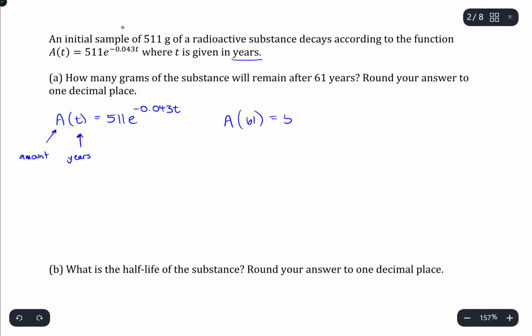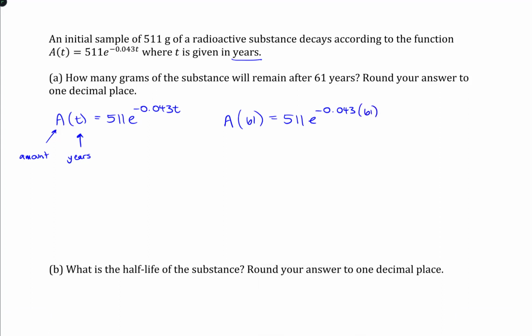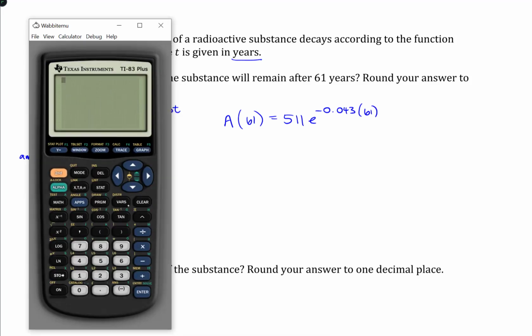So that means we would evaluate 511 e to the negative 0.043 times 61. And we can do this right in the calculator. It would be 511. If I hit second and divide, I will get an e here.